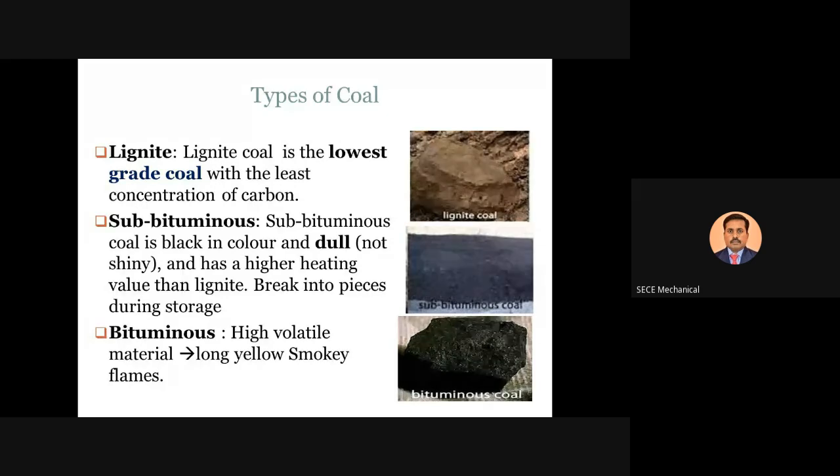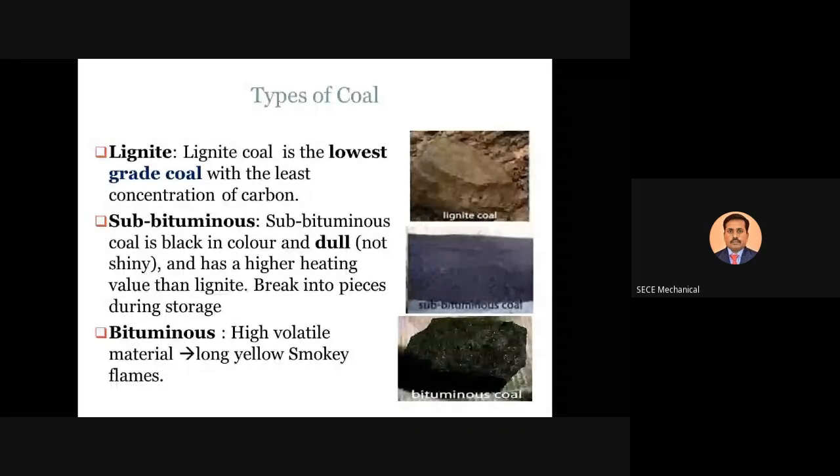Now the bituminous coal. Bituminous coal looks bright, shiny black, and has high volatile material like petrol or diesel. It is a volatile one, and long yellow smoky flames come from it while burning.